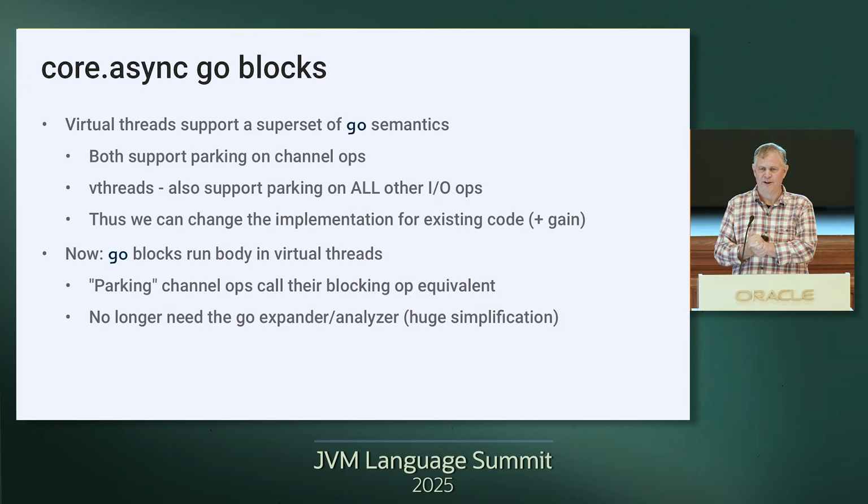It's a large and complicated duplicate set of code in a different language that has to track all the language changes to Clojure itself. So being able to move off of that is a huge benefit to us from a maintenance point of view. It's also a source of a lot of really subtle problems. And then we'll map the existing parking channel operations into the blocking operations.